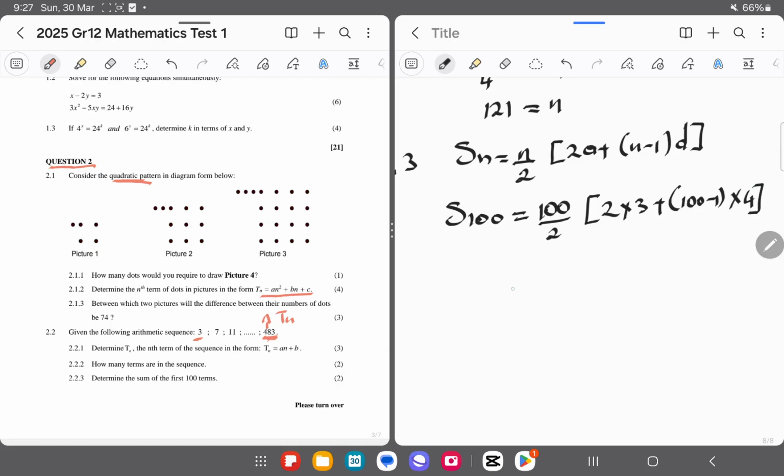The sum for 100 terms should give you 20100.